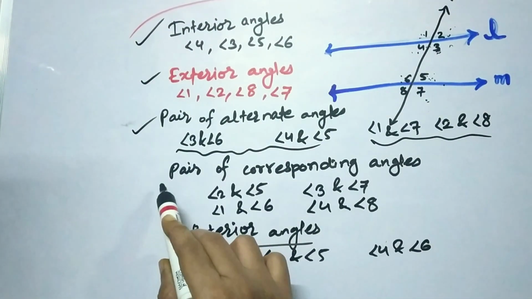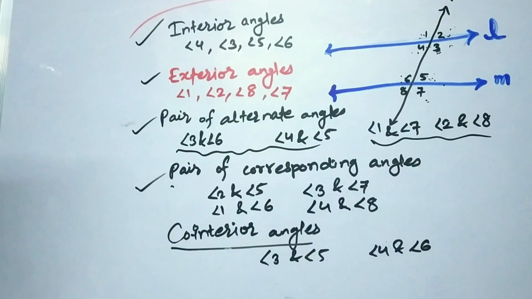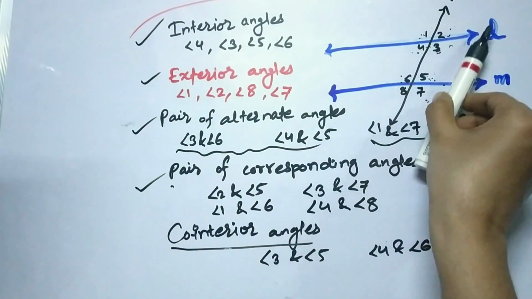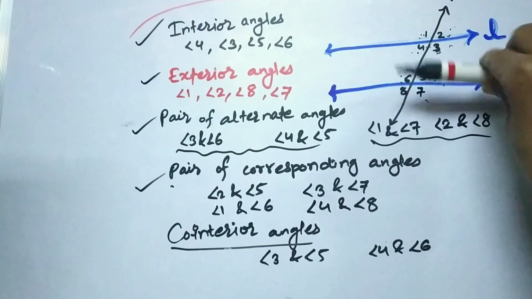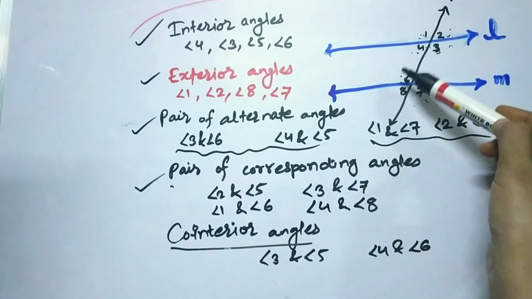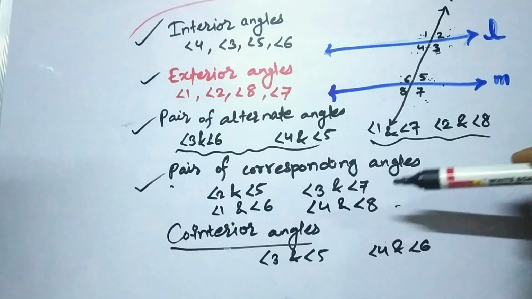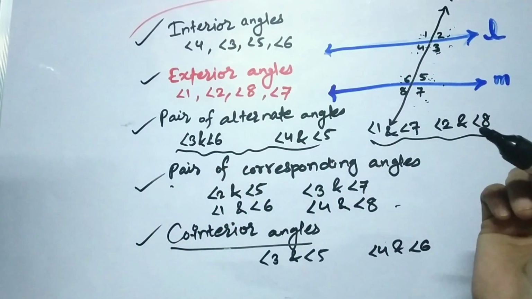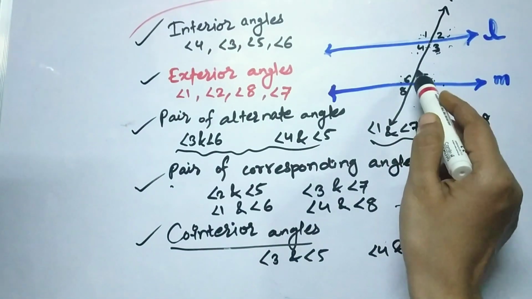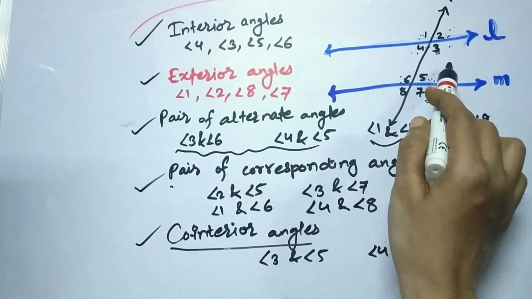We are having pairs of corresponding angles, which occupy the same position. Like you can see here 2 and 5, they lie on the same side of the transversal and above these lines. In the same way 3, 7, 1 and 6, 4 and 8. And at last we are having co-interior angles. Co-interior lie in the interior region and they belong to the same side of the transversal.